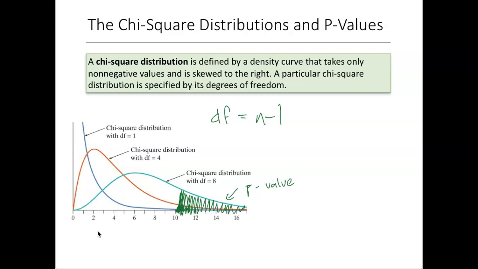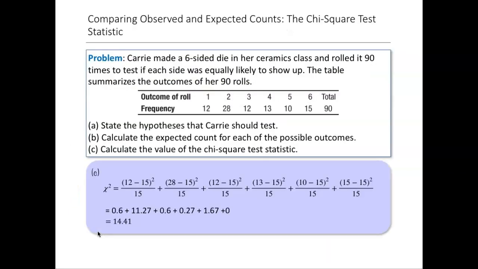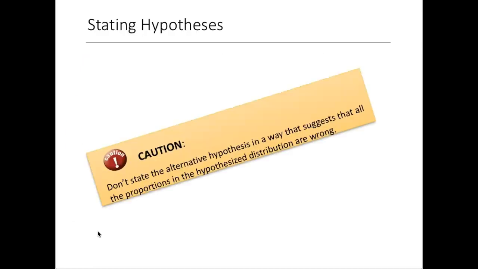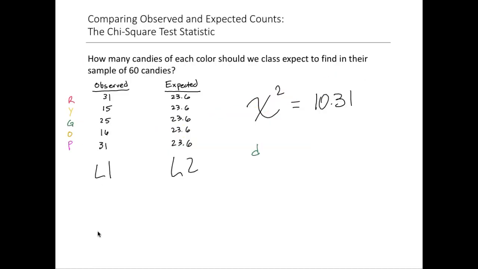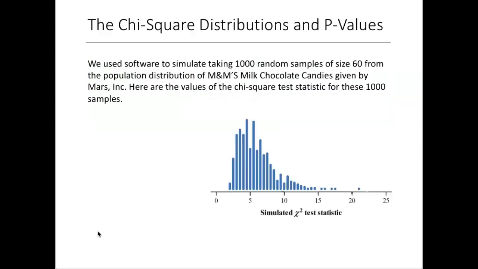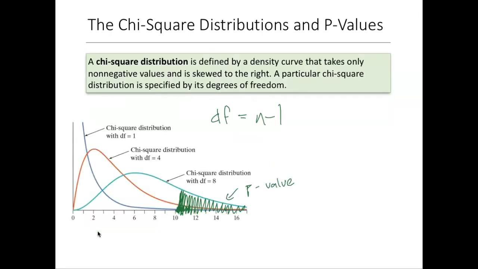All right, so for our specific example, how many degrees of freedom do we have? Oh, I'm sorry. Did I say sample size minus 1? That is not correct. It is categories minus 1. I apologize. Not sample size.